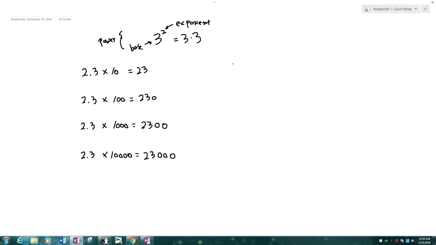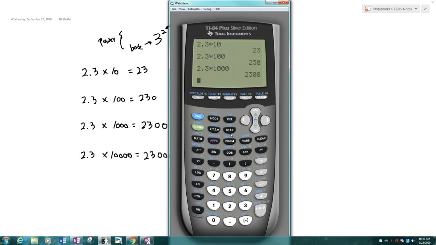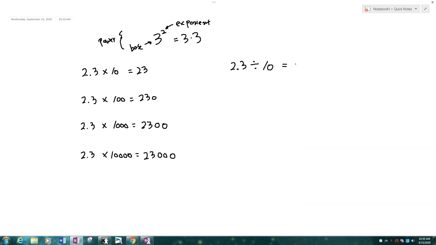If I have 2.3 divided by 10, then what do you think it is? It's going to be 0.23, but let's confirm. 2.3 divided by 10, which is 0.23. So I'm going to write that, 0.23.